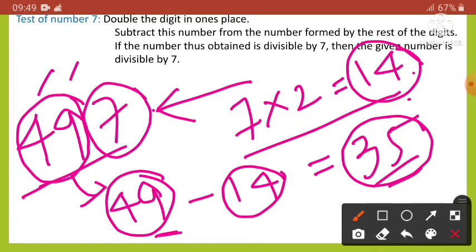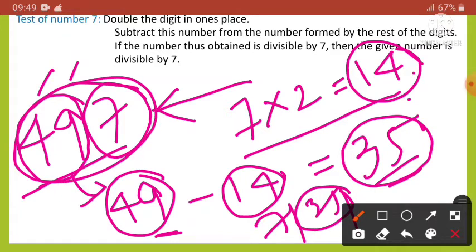If we divide 35 by 7, it is exactly divisible, because 5 into 7 equals 35. So we can say that this 3-digit number, 497, is exactly divisible by 7.